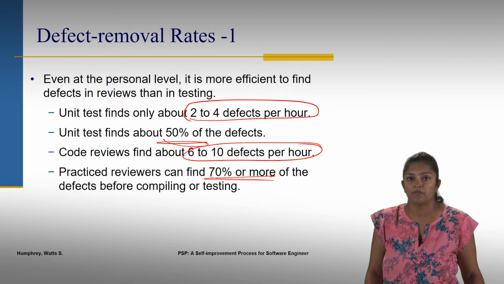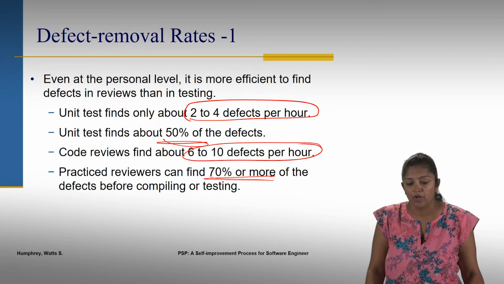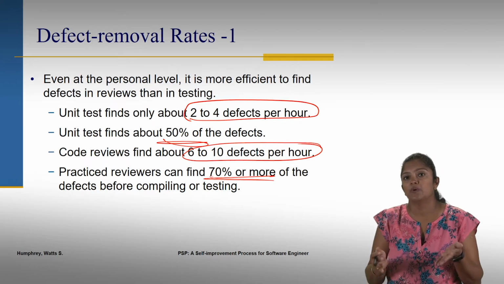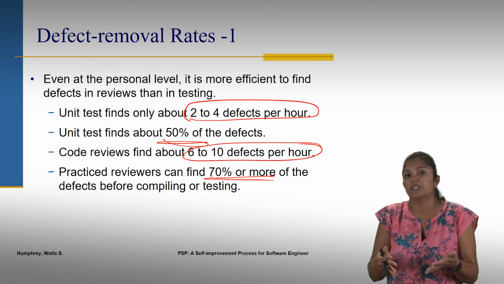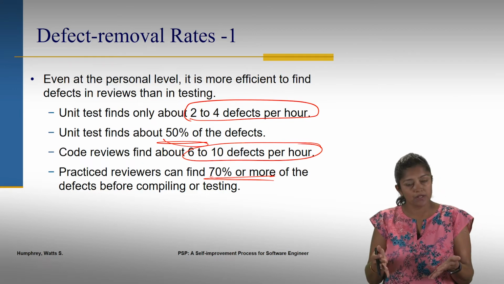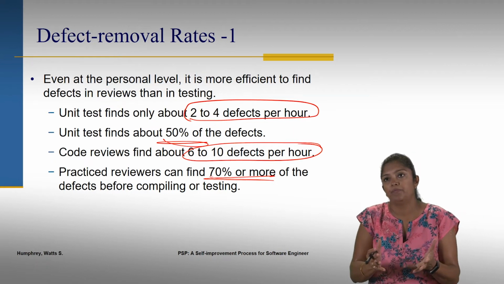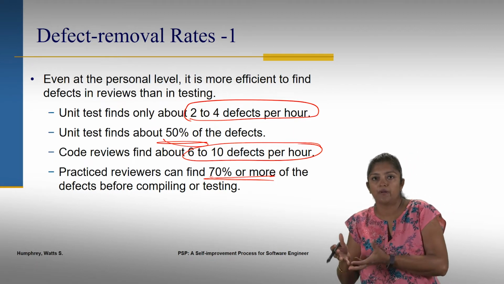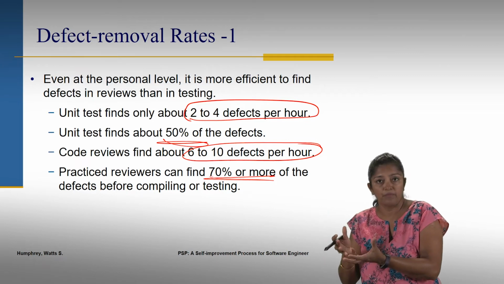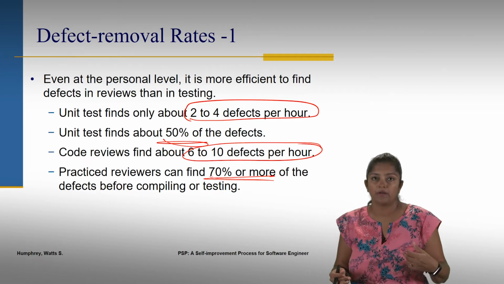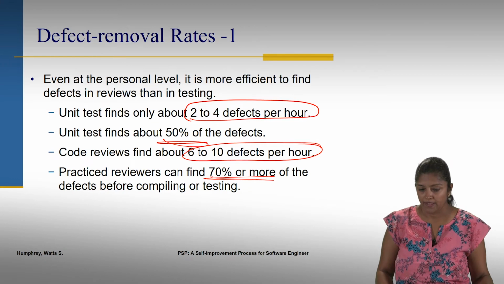Practiced reviewers can find 70% or more of the defects. So if these kinds of processes are followed, that's what we mean by creating a quality software right from the beginning and putting a quality product into test.